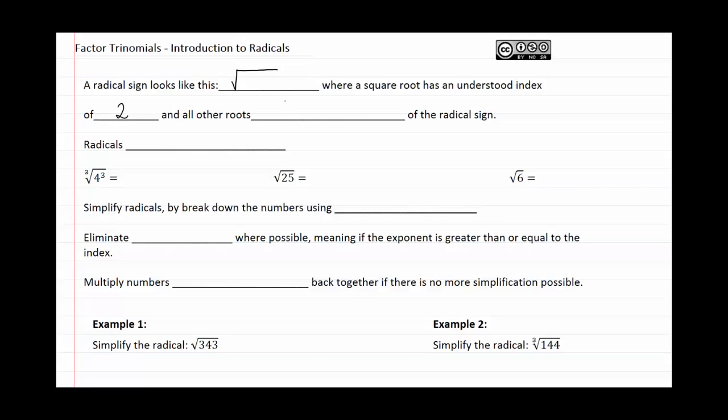For all other roots, we place the number at the top left of the radical sign. It's important to remember that radicals undo exponents.